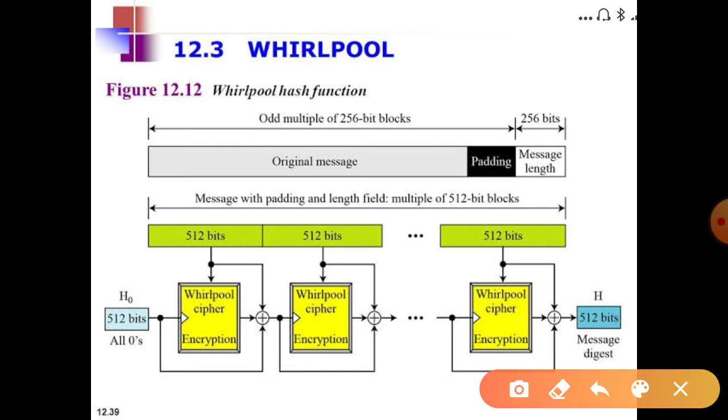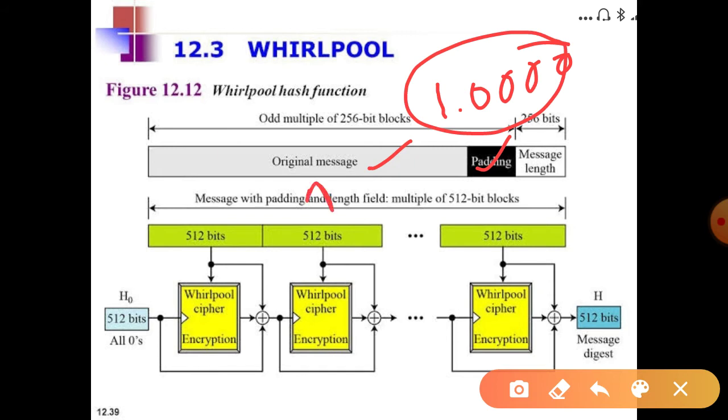Now the steps. What are the steps we have to use to generate the digest? The first one: the original message of any length. Here also we have to add the padding bits. The padding bits should start with 1 and then the necessary number of zeros. That padding we add to the original message.